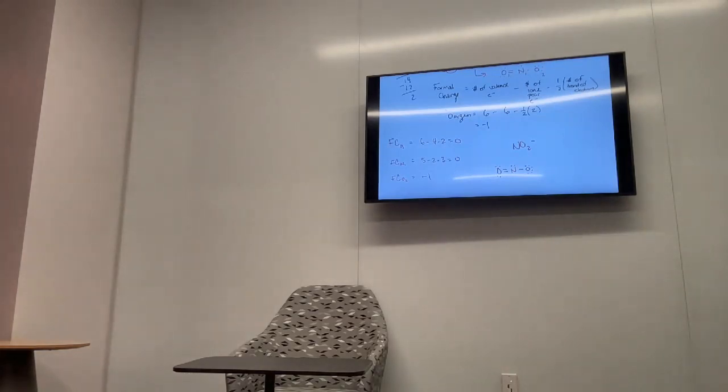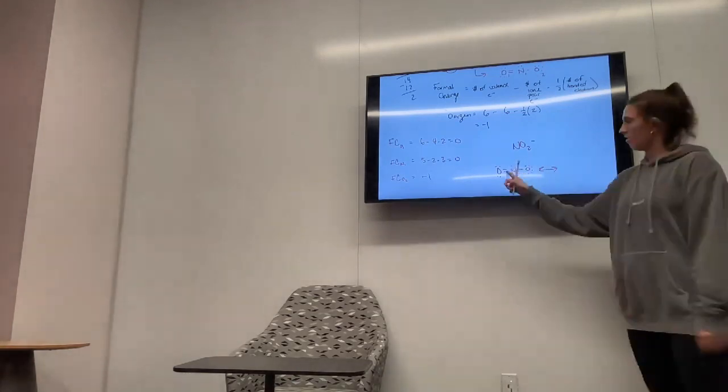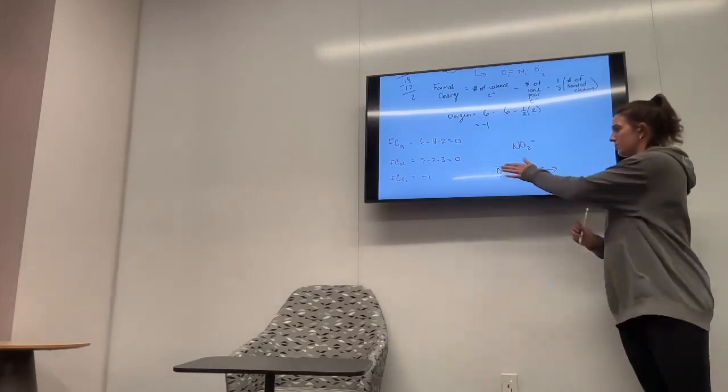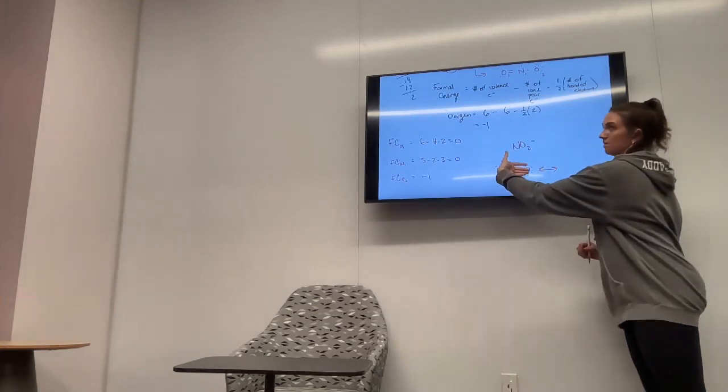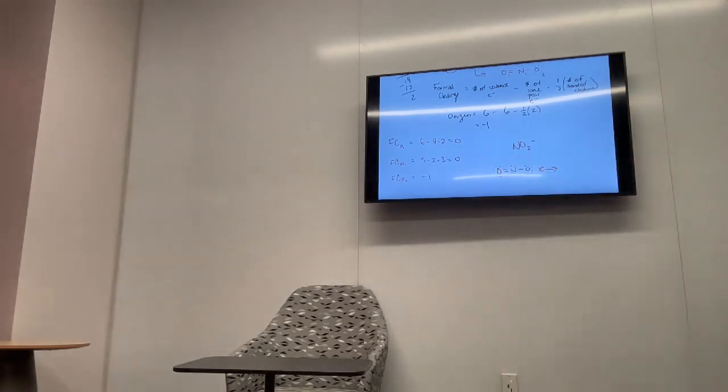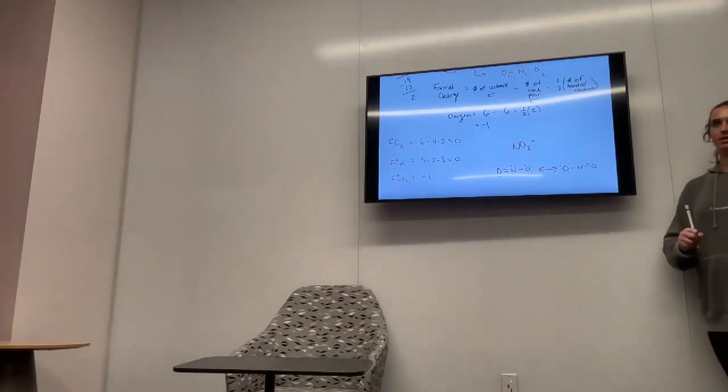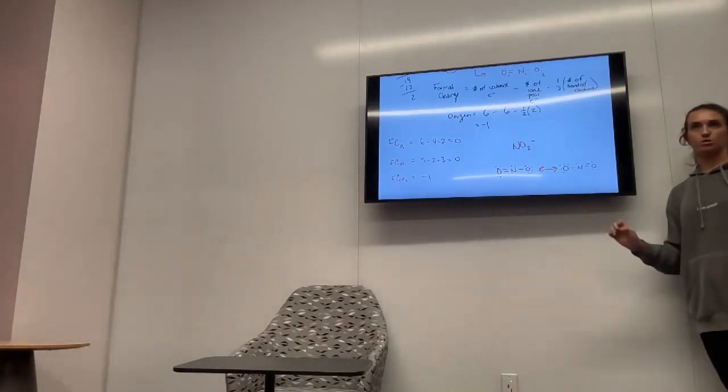I agree with yes. You can show that a resonance structure exists because we can put this double bond on this side, right? So if we took this structure and then went like this, that would be the resonance structure. We still have oxygen and nitrogen and oxygen, but this time the double bond is going to be on the right hand side. Okay, so 2 resonance structures exist for NO2 minus.